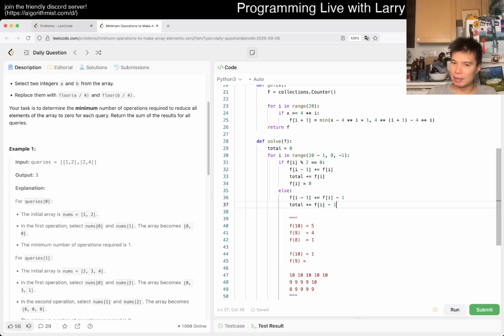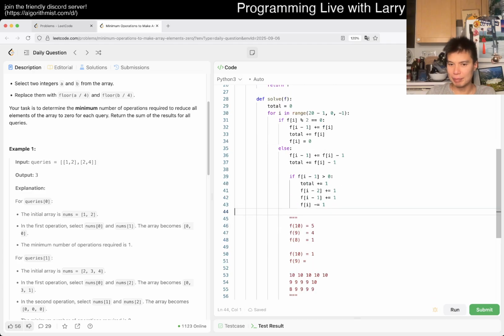We do a -1 operation, and then now we see if f of I minus 1 is greater than 0, and because we just added this, we should already check all this. If this is the case, then we add one more operation. We go f of I minus 2 increment by 1, and then f of I minus 1 increment by 1, and then f of I subtract by 1, right?